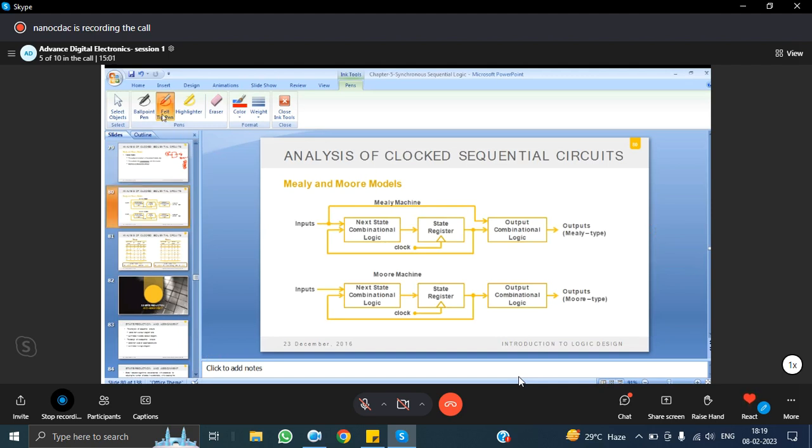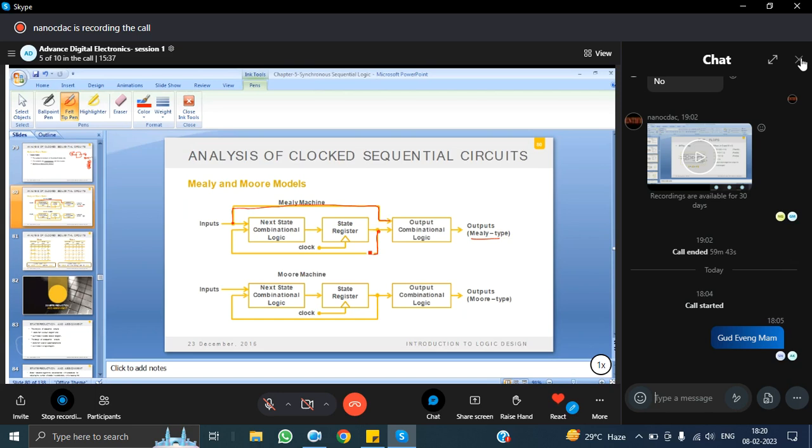You can see now clearly. So this is the next state combinational logic. Here is the state register, flip flop, and the output combinational logic. Okay, from here this is a Mealy type machine. So the output here depends completely upon the input. This combinational logic can be anything, XOR, AND, NAND, NOR, anything.